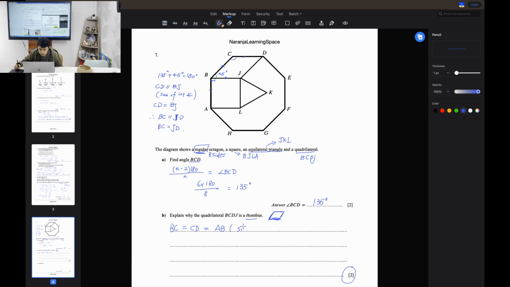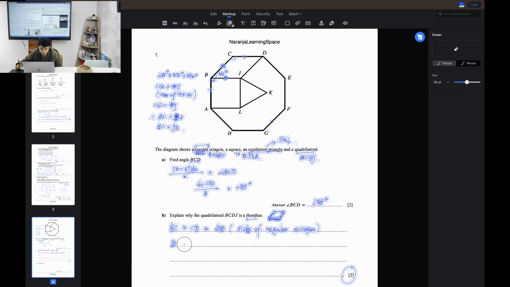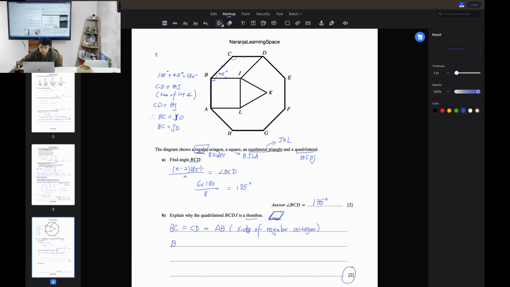This is a side of the regular octagon. Then BJ equals BA.